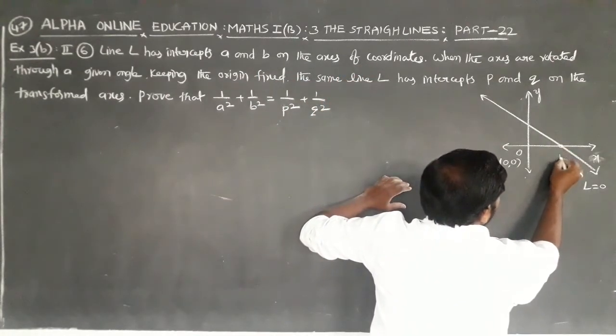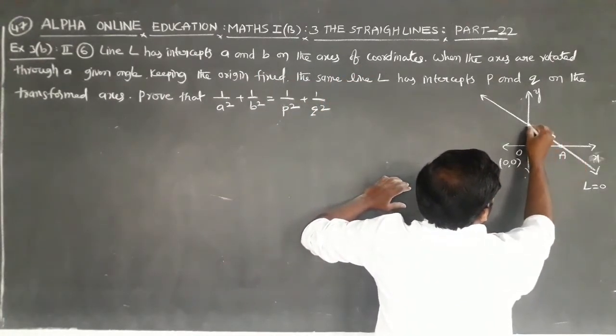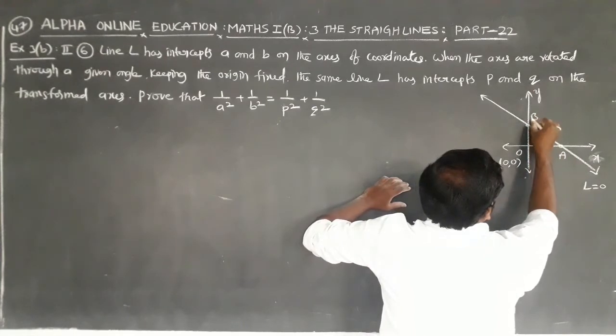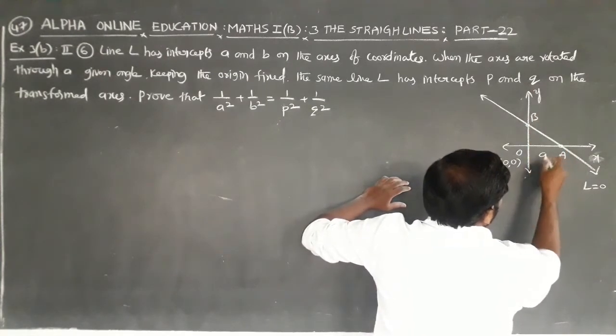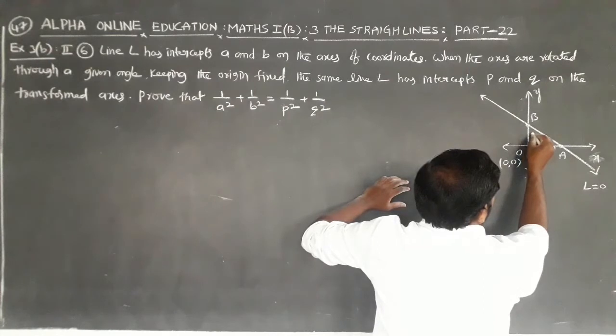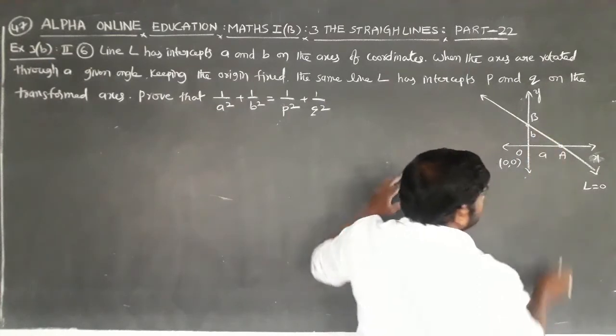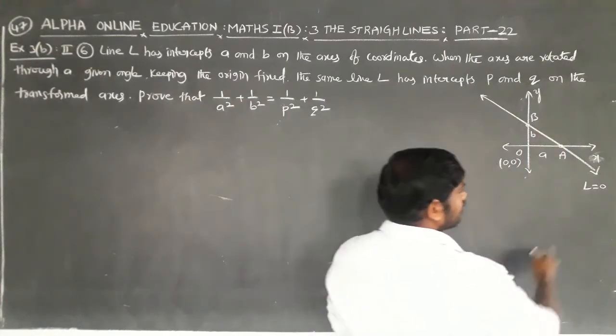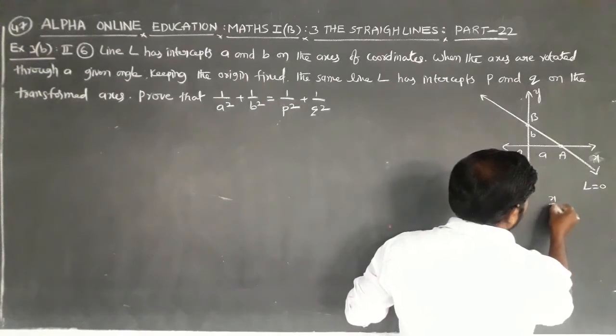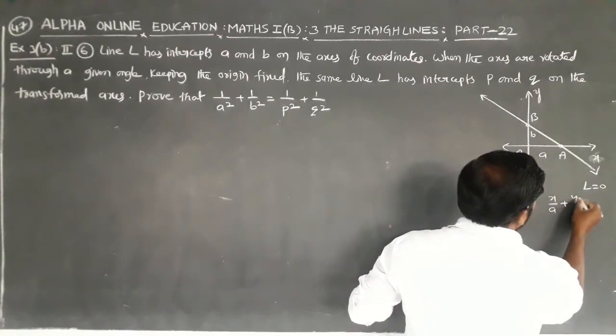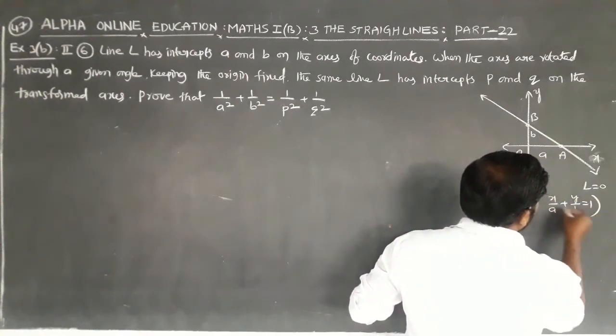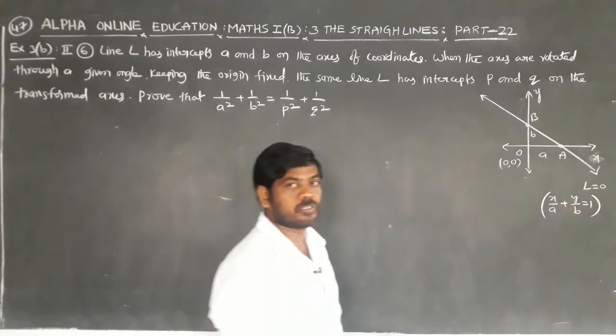The line meets the x-axis at capital A and the y-axis at capital B. Small a is the x-intercept, small b is the y-intercept. Here the equation of the straight line is x by a plus y by b is equal to 1.